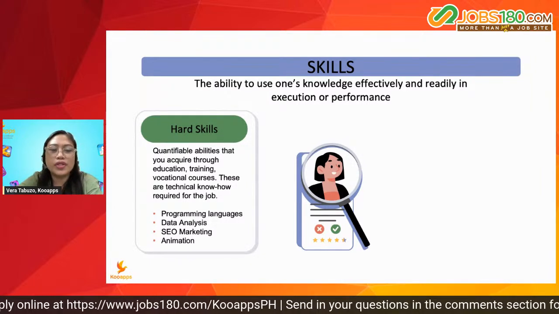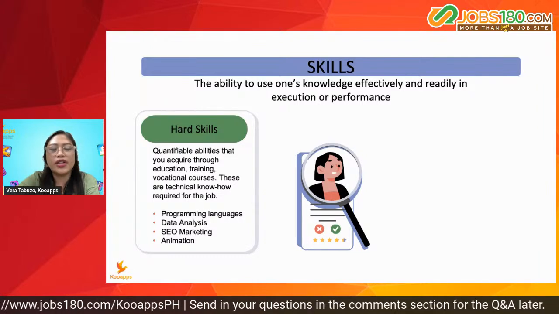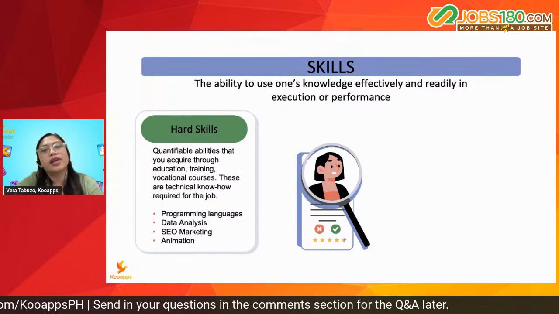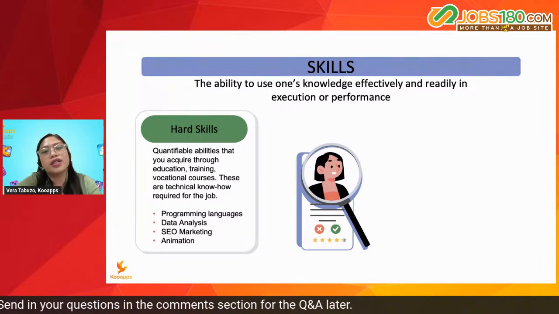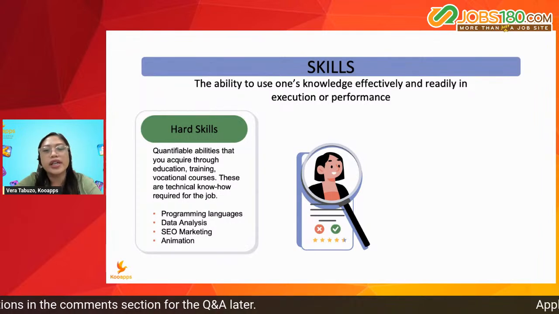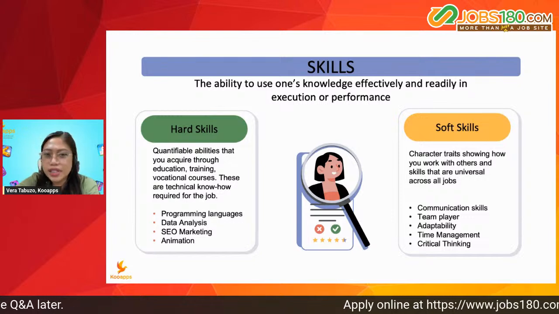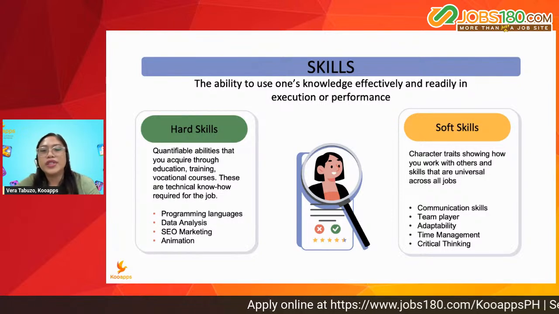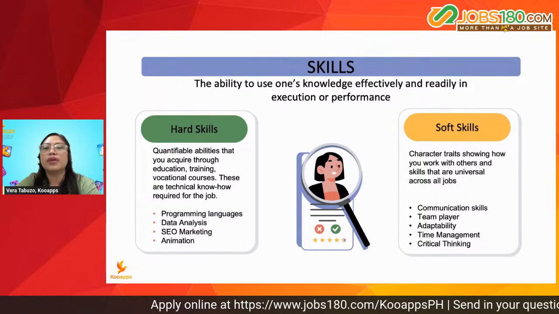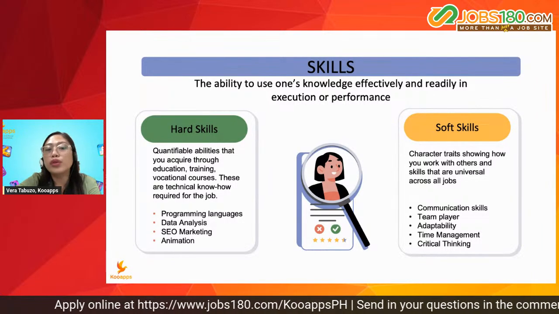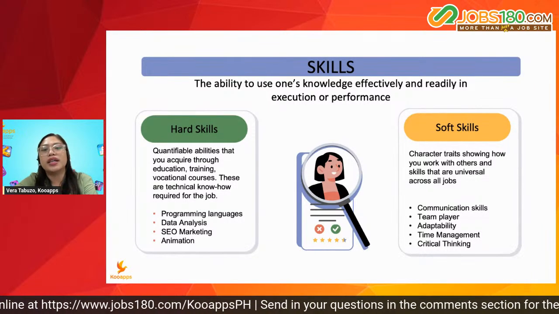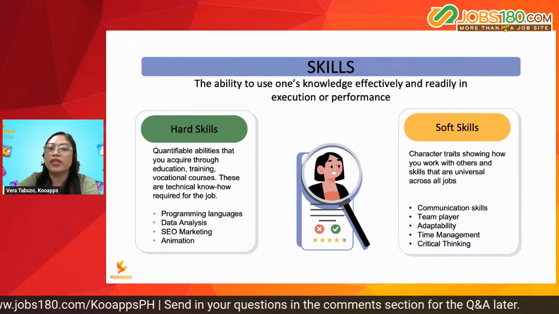Some samples of hard skills are programming languages, data analysis, SEO marketing, animation, and so on and so forth. The other type is soft skills, which are character traits showing how you work with others, and skills that are universal across all jobs.